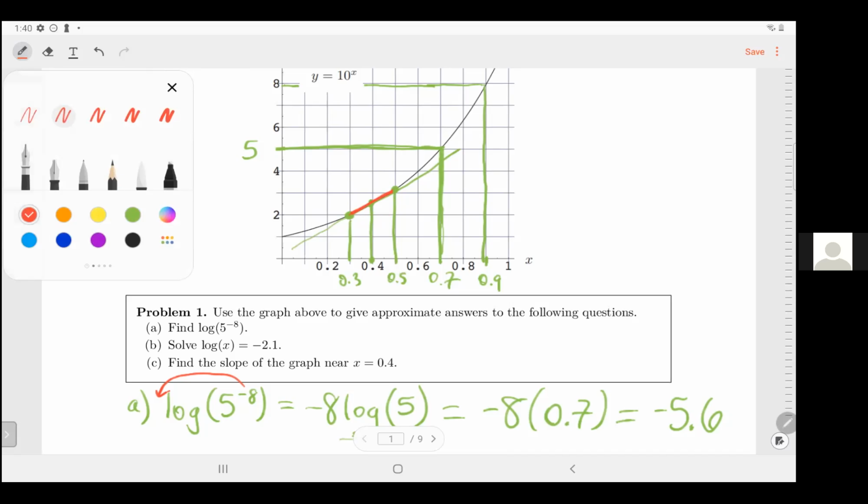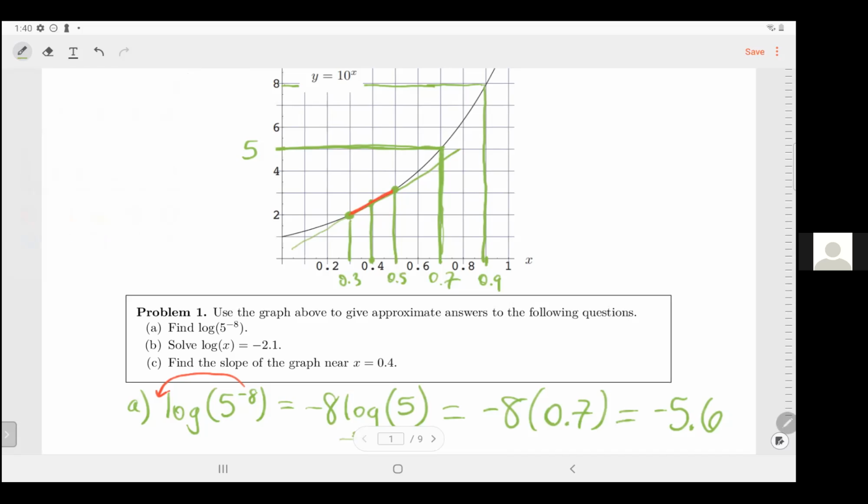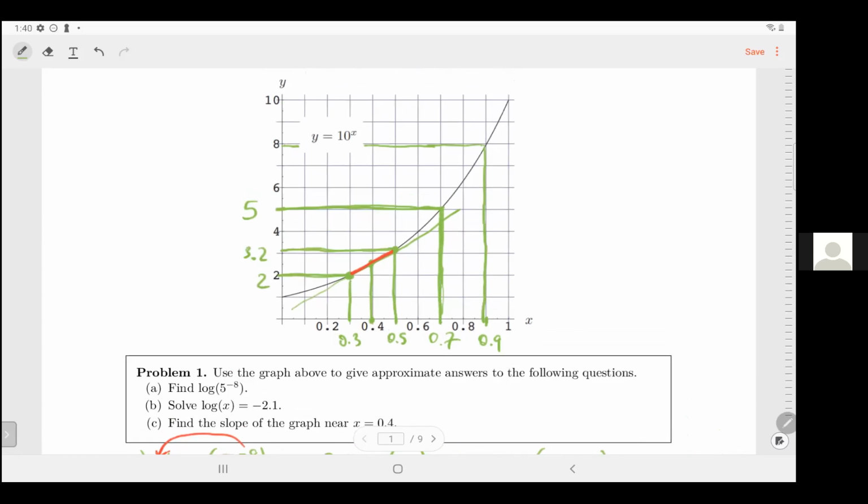Okay, so let's figure out what these y values are corresponding to these x values that I'm plugging in. So again, these are pretty nice. So that's 2, that's maybe 3.2 or something. Okay, and yeah, let's just work out C up here because I ran out of room.